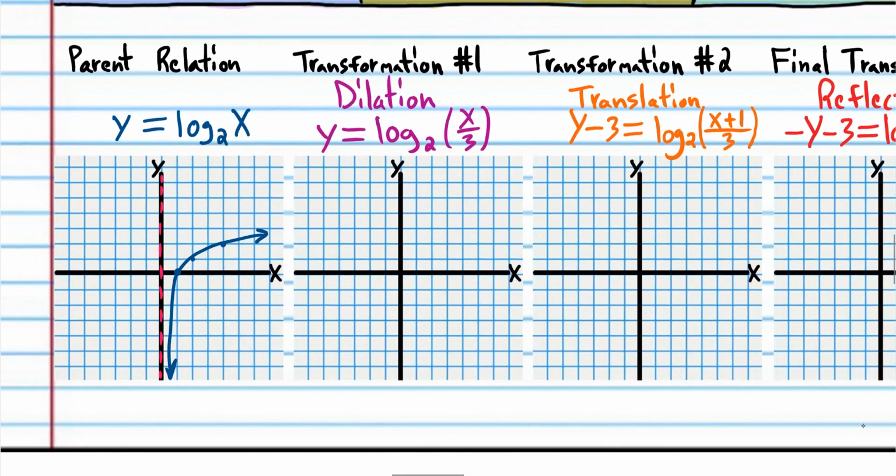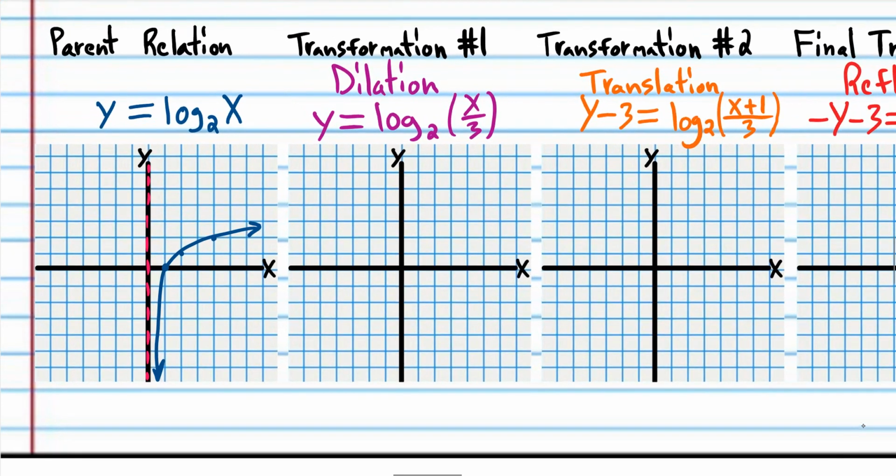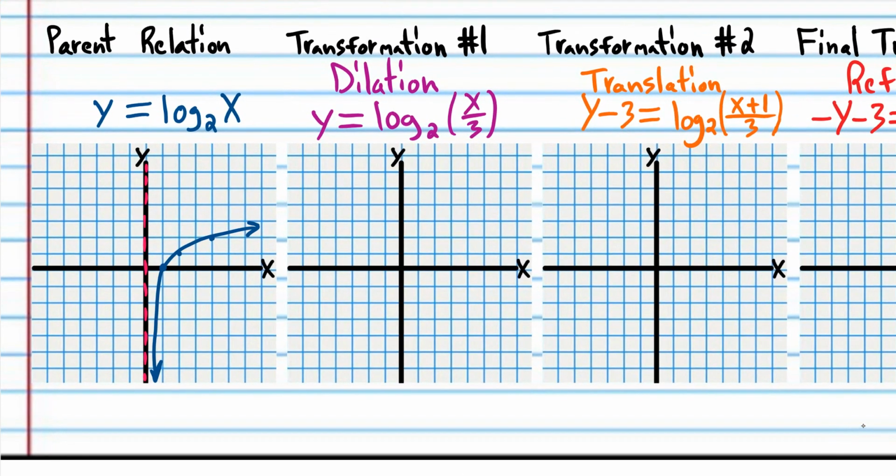Okay, so now we're going to replace x with x over 3. That means we're going to multiply all the x values by 3. Now, the asymptote is on the y-axis, so it's not going to change positions. So the x value of this point here is 1. So the new x value is going to be 3. So that point went to there.